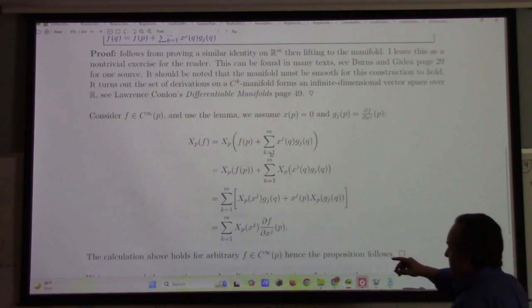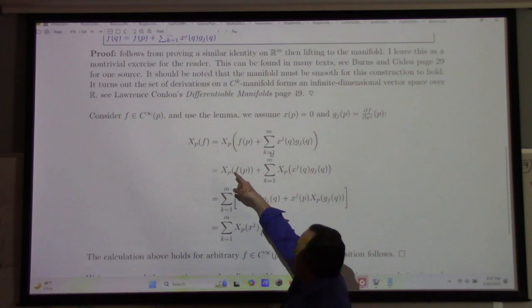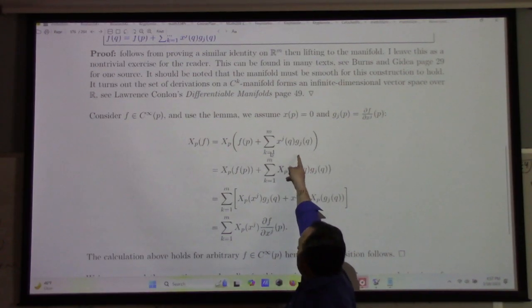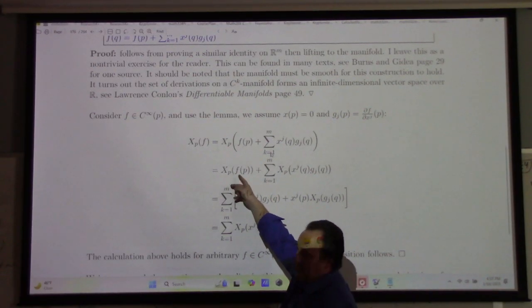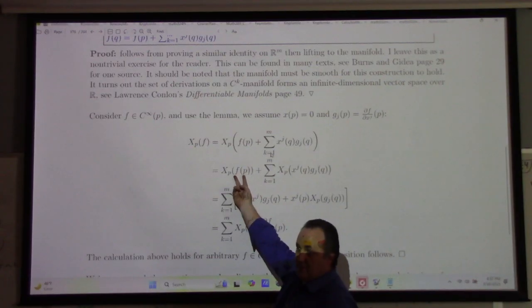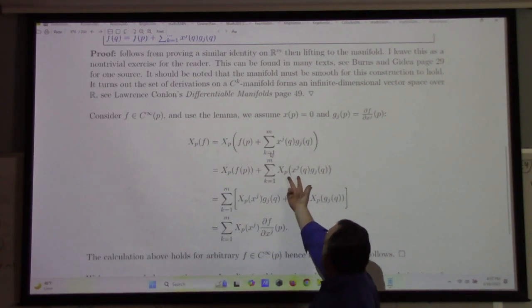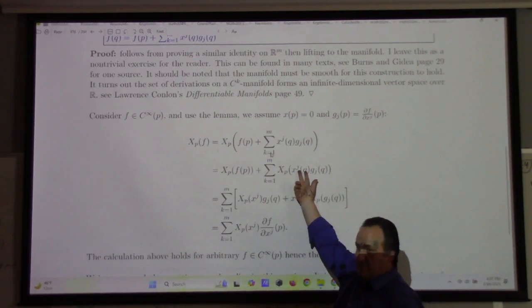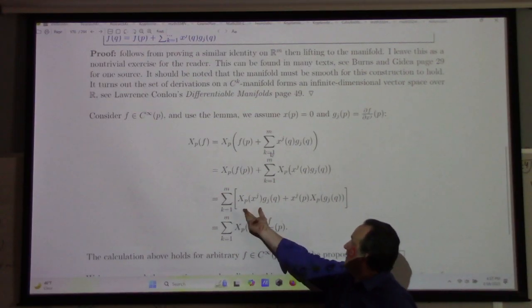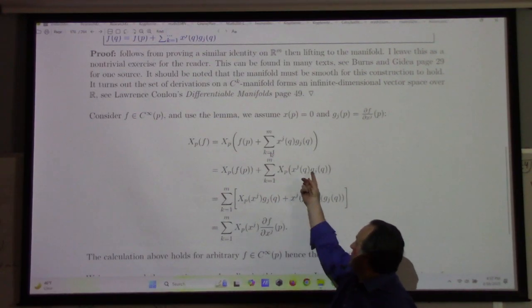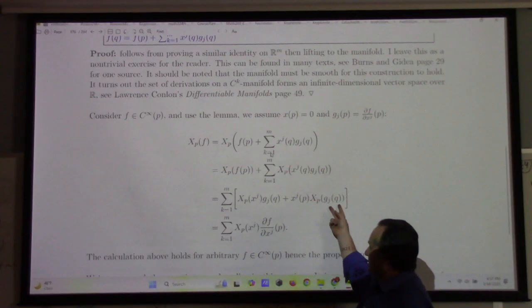So anyway, you take the formula for f, you feed it in here, and you let the derivation X act on it. This is a constant, so that's 0, as we just talked about. Over here, we've got a product rule, so we have X_p acting on x^j, times g_j(q), and then this over here.